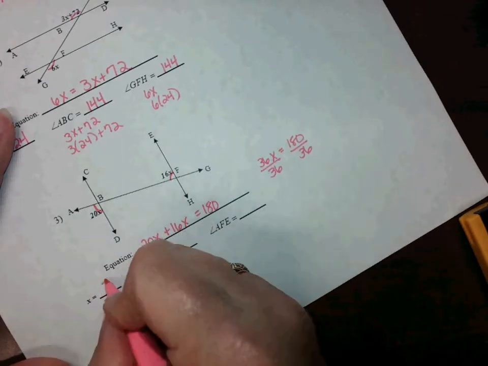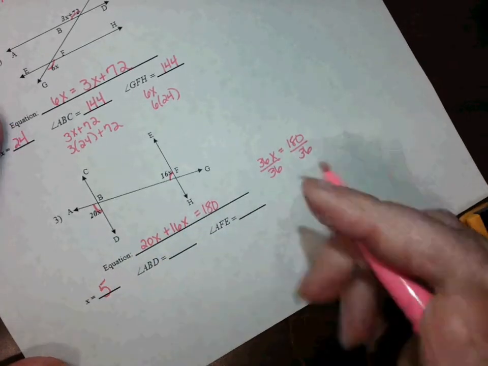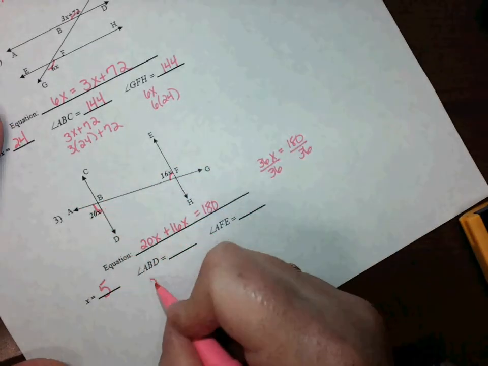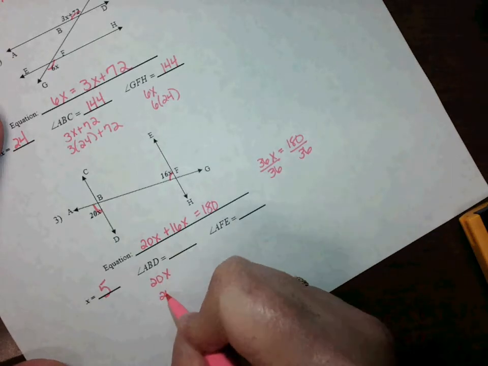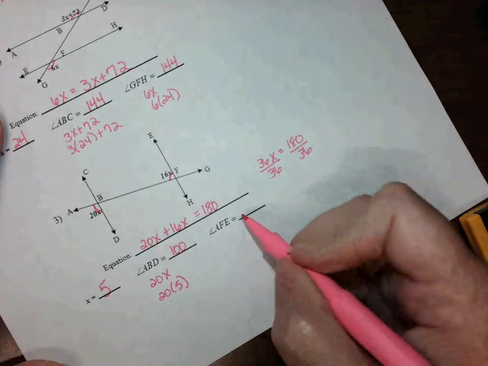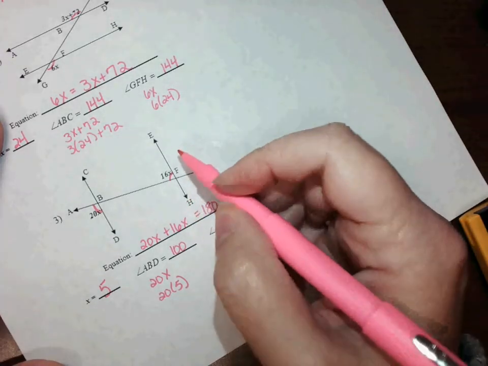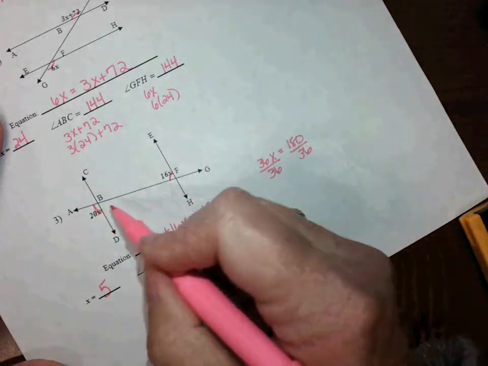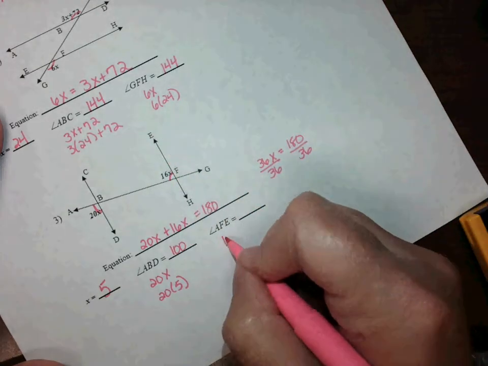So x equals 5. Angle ABD is right here, 20x. So 20 times 5 is 100. And angle AFE is right here, 16x.